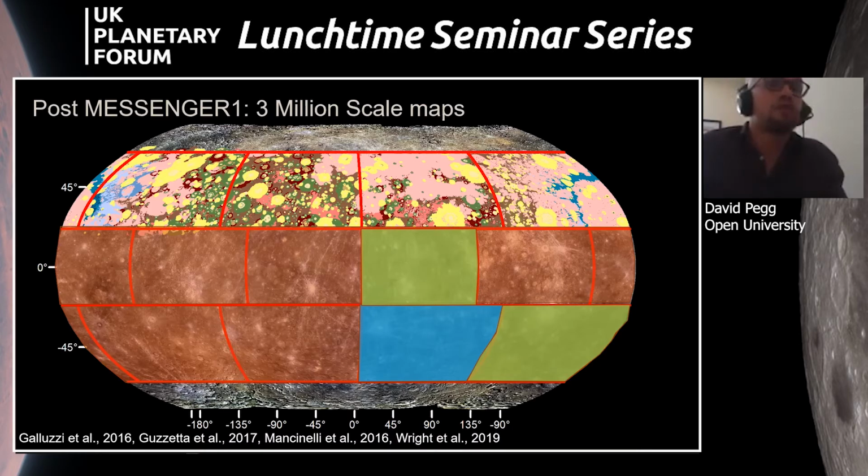There are currently 4 at the Open University. This one up here by Jack Wright has already been published. Then 2 of my colleagues are working on these other 2 in green, and I am currently mapping this area here in blue. In fact, they will have an additional one starting in February at the Open University, which will start mapping the South Pole here.